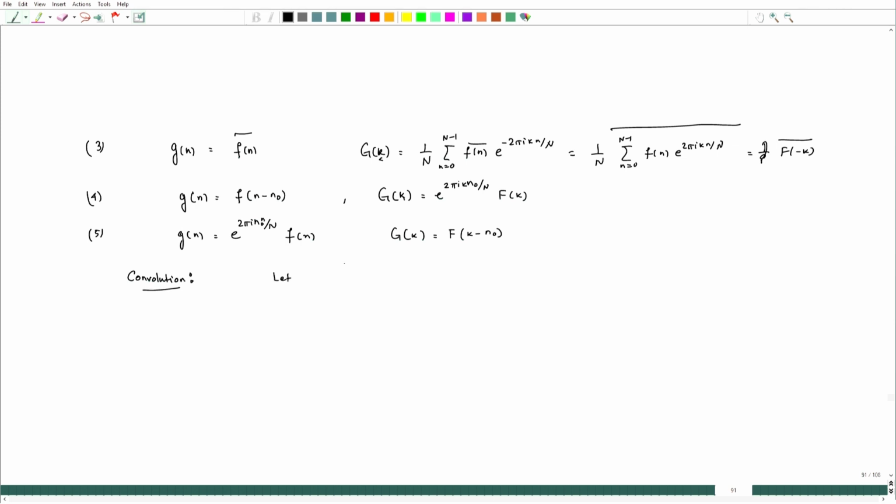Let f, g be functions from Z_N to C. Define f convolution g at n equal to 1 by N summation over j equal to 0 to N minus 1 of f of n minus j g of j.